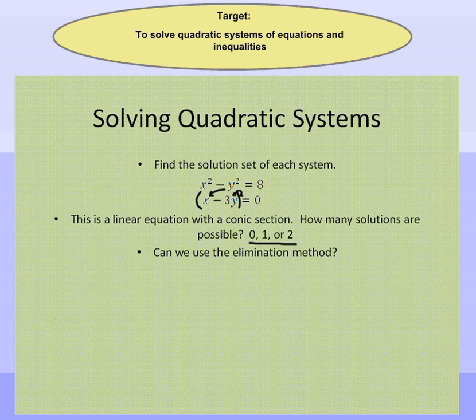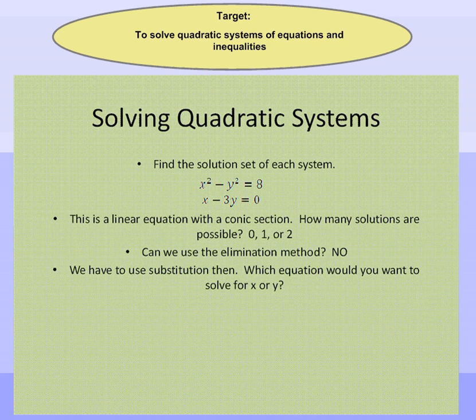If you say, let's square both sides, you need to FOIL this, and you would create an xy term that would not eliminate. So can we use elimination when we have a linear equation and a conic section? No, we cannot. So we have no choice. We have to use substitution.